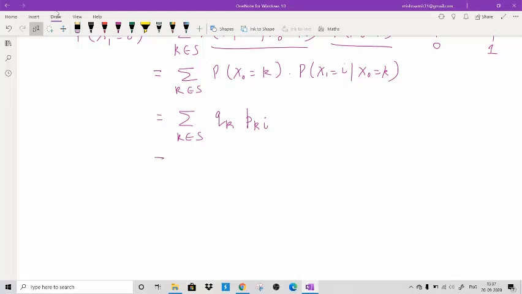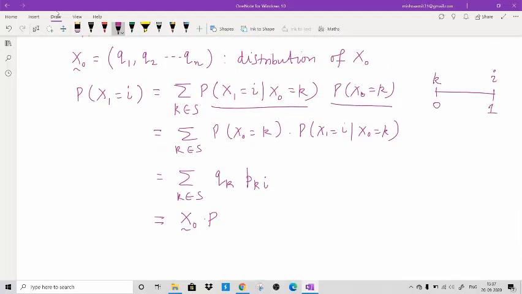So again, if you focus upon two things, this is nothing but the x naught vector multiplied by P. You can see what our x naught vector was. This is our x naught vector. So this is x naught multiplied by P, and then we are finding some element of that vector. I'll show you.